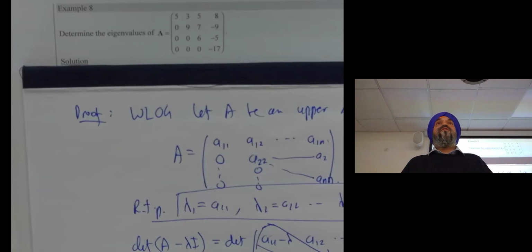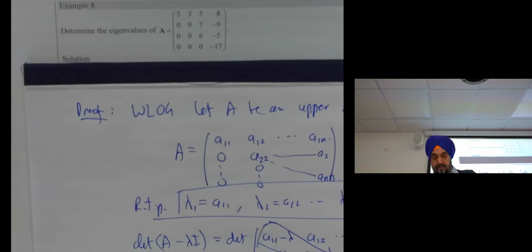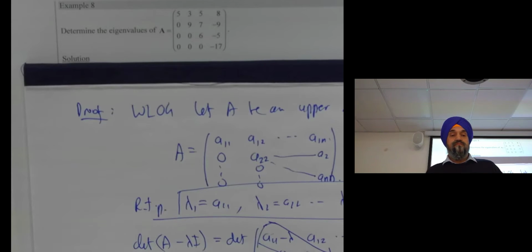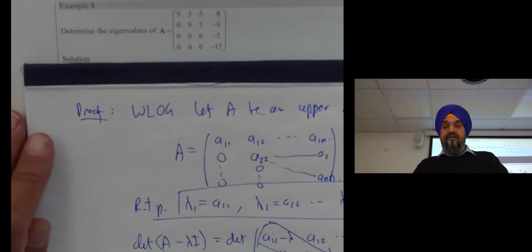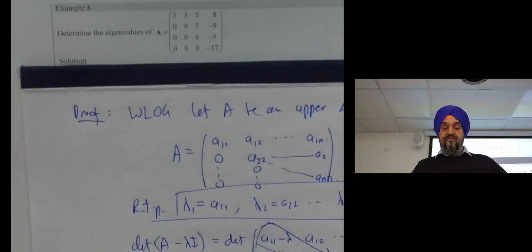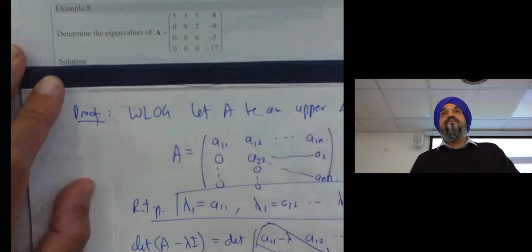What's the eigenvalue of this matrix? What sort of matrix is it? Come on, what matrix have we got there? We've got a triangular matrix, these are all zeros, an upper triangular matrix.